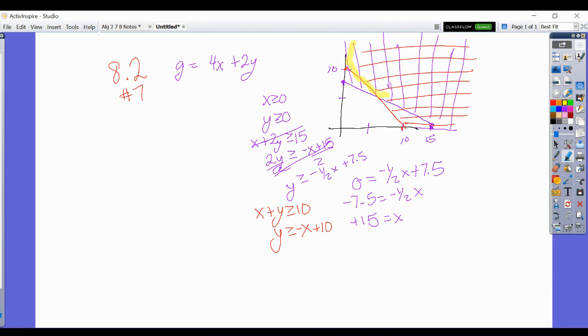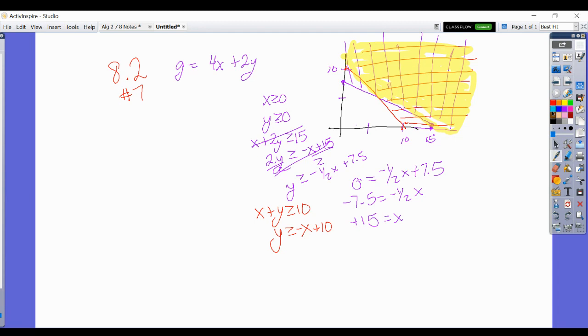So all of this section is my solution set. Obviously we don't want to name any points, but that's the region we're looking for. That's the first step: graph the region and identify the corners of the region.